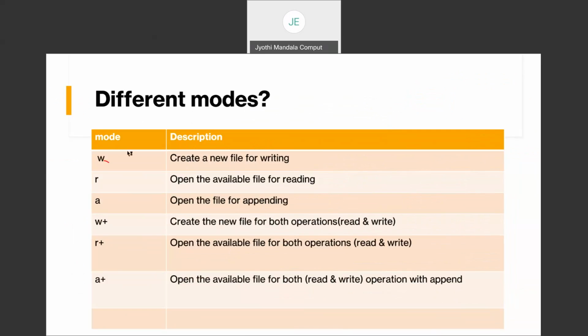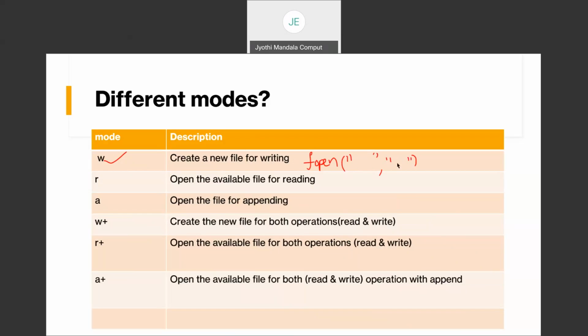Write mode: whenever you write fopen, file name, comma, write, then a new file will be created. Always remember, if you write fopen, and within the brackets you provide two parameters, the first parameter is the file name, and the second parameter is the mode of the operation.